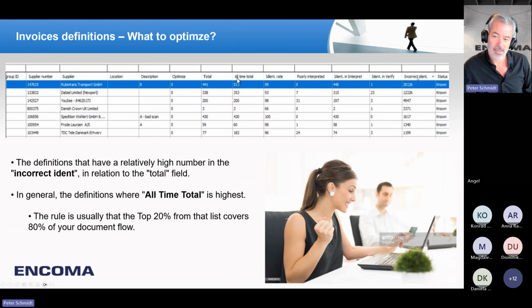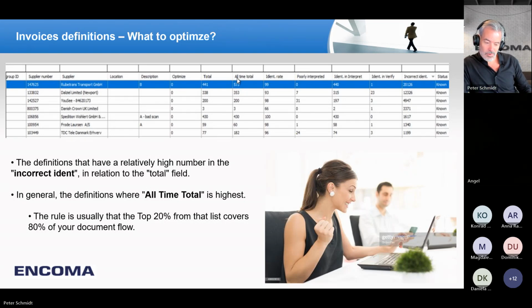If you click on the headlines, you sort by this column. And if you make sure that the arrow points downward, you get the highest number first. And incorrect ident means that the system identified an invoice definition, but you as a verifier operator have selected a different supplier.